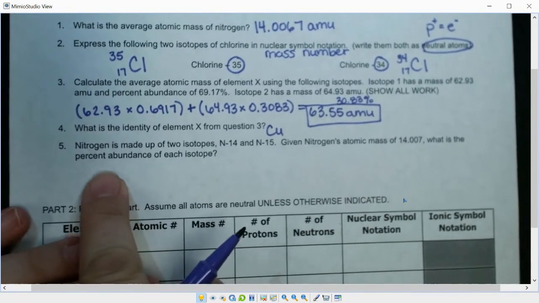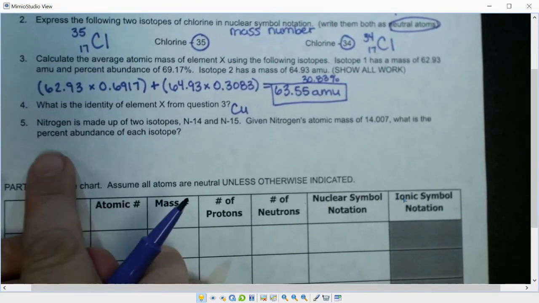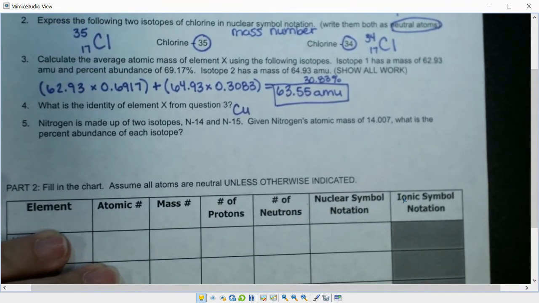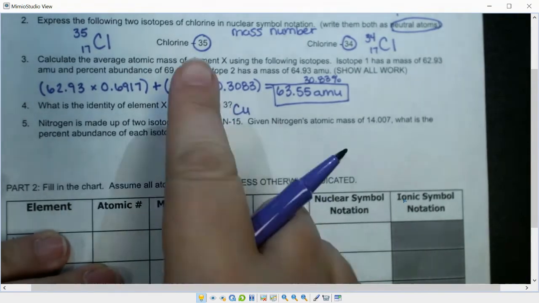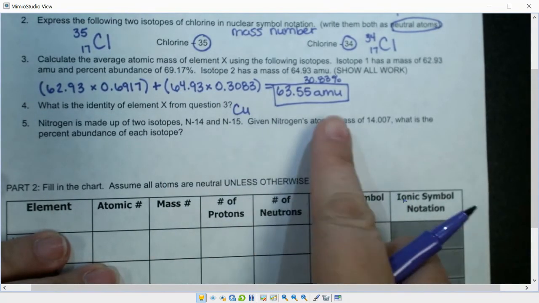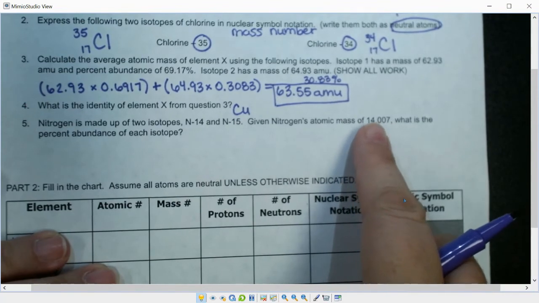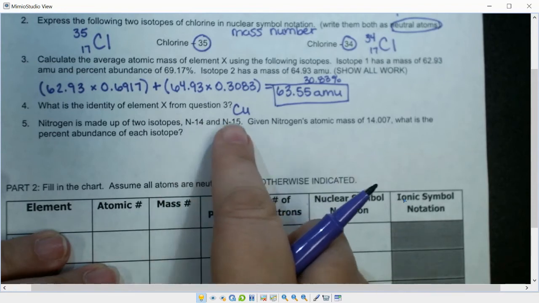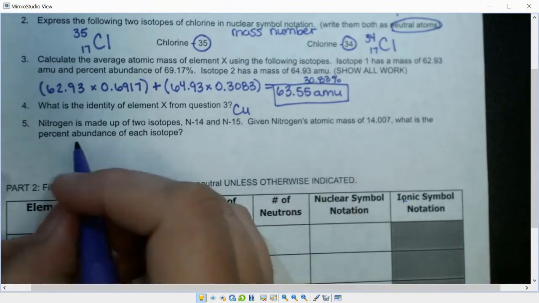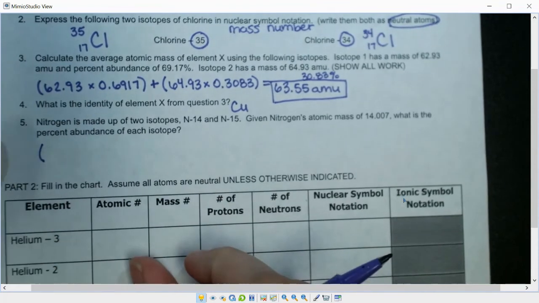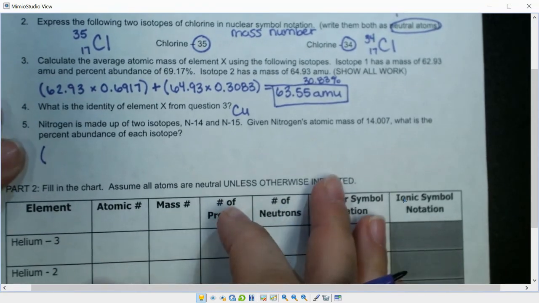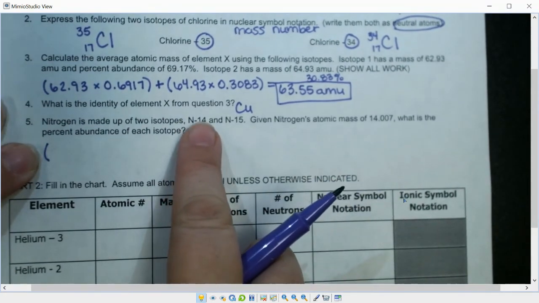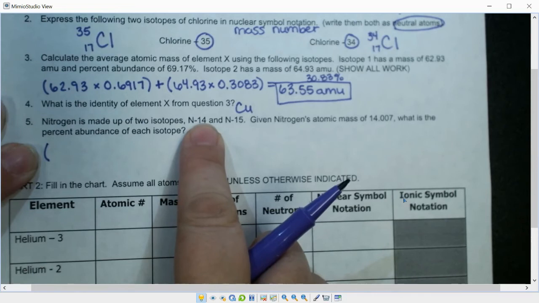Last one, this one's a little bit tricky because here we're looking for the percent abundance of each isotope, which means we're going to have to do some fancy algebra. The steps are the same, except instead of solving for the average atomic mass, in this case, I'm actually provided the average atomic mass, and I need to figure out what the abundances of these two things are. So I still take the mass of the isotope, and remember, the mass number is what's given here behind the hyphen.